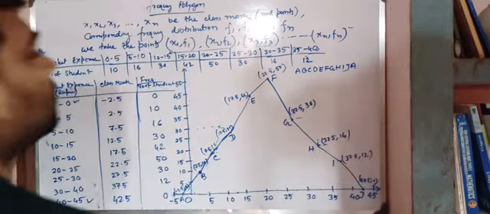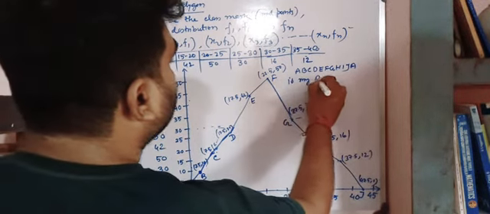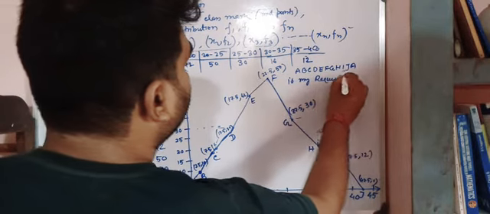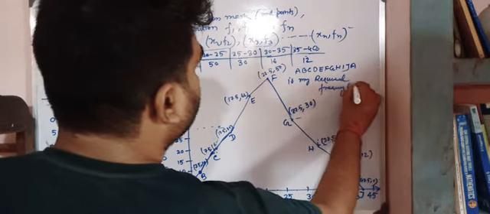Again this is my required frequency polygon.